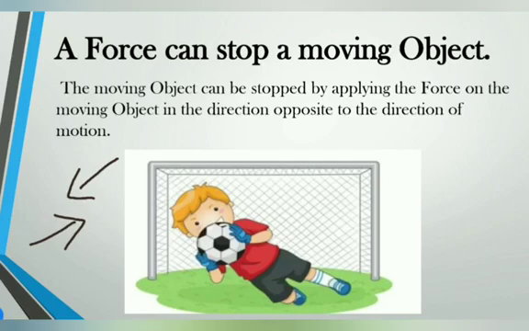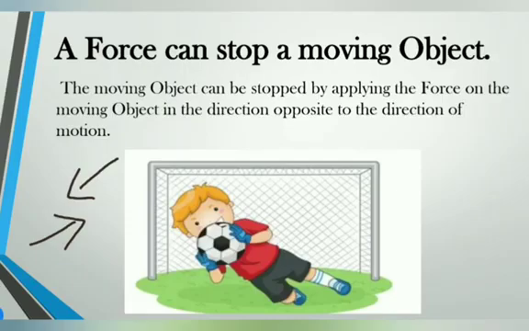You can observe in the cricket field, the fielder tries to stop the motion of the ball by catching, or with the help of legs, by applying force in the direction opposite to the direction of motion of the ball.